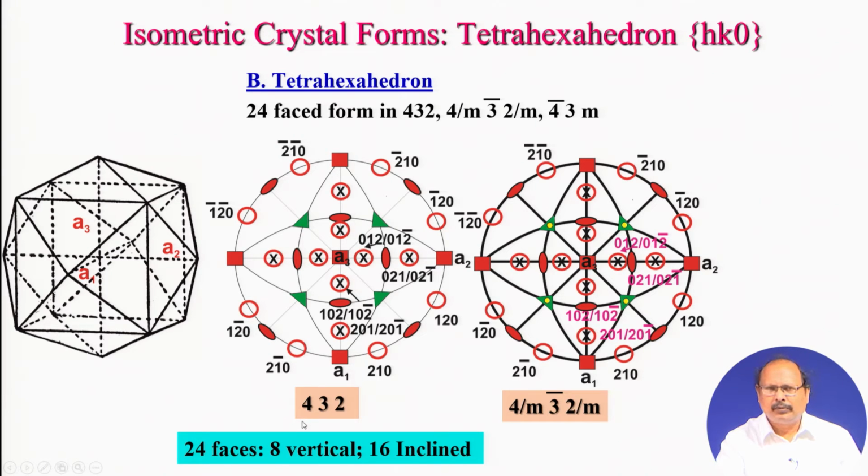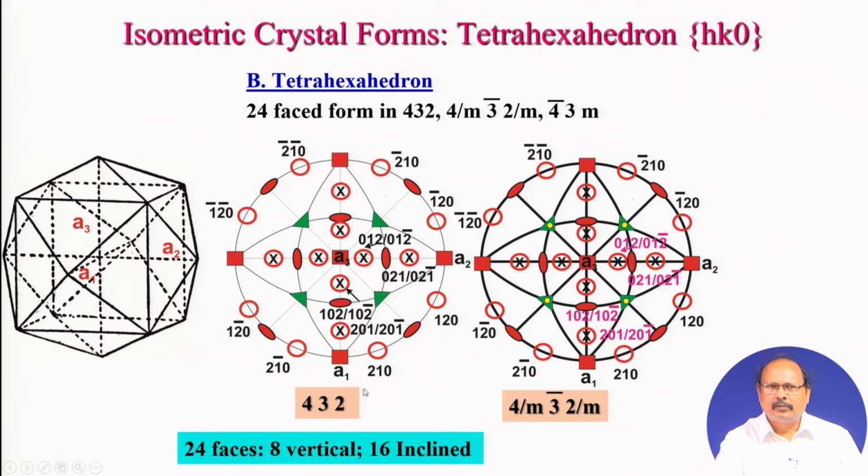Immediately you now know that the form, or the aggregate of crystal faces which are symmetrically related to each other, their number is a function of their inclination with respect to the axes, which is the form symbol, as well as the point group of symmetry present in that particular crystal system.